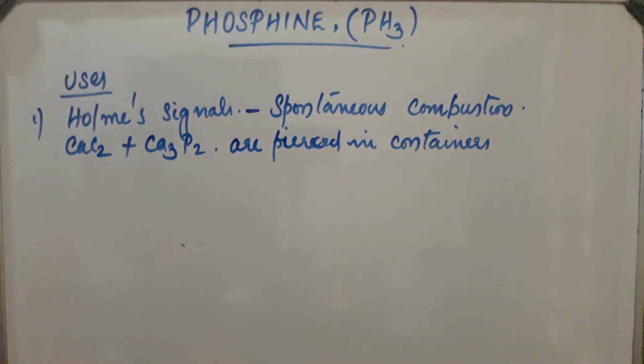The gases evolved burn, and this serves as a signal to nearby ships. So the containers containing calcium carbide and calcium phosphide are pierced and thrown in the sea, where the gases evolve, burn, and serve as a signal.